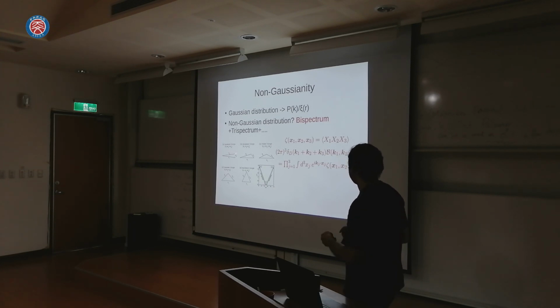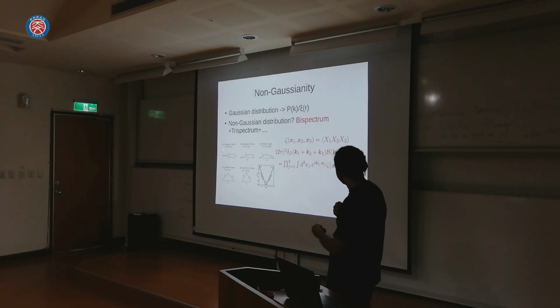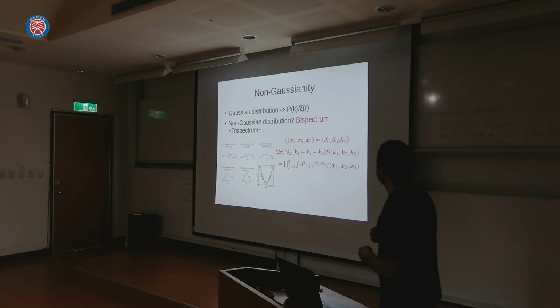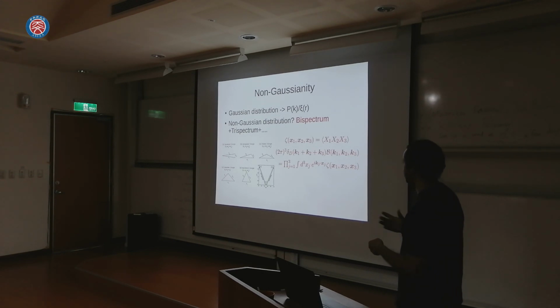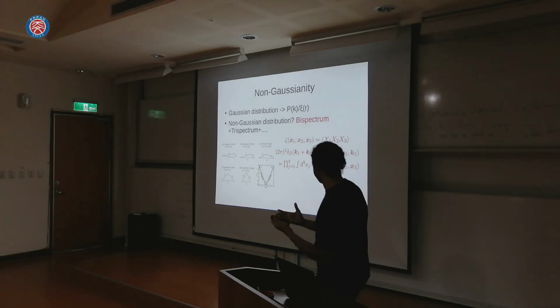For instance, you can have this kind of shape, which we call a squeezed triangle, and this represents interactions between 2 very short wavelength modes in the presence of one very long wavelength mode. This kind of interaction is very symbolic of self-interactions of a field.